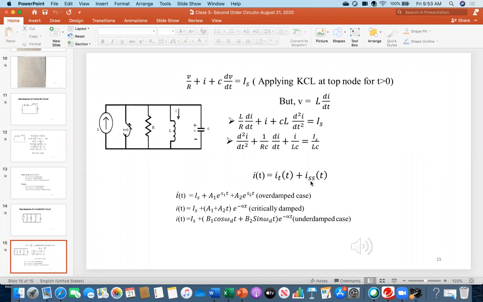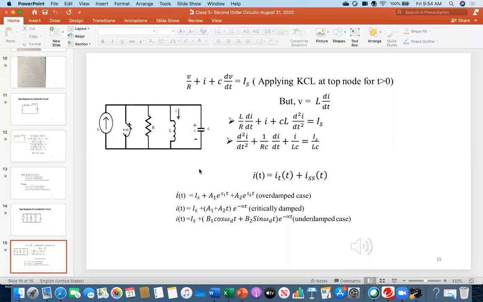But for the steady state, for this circuit, what is the final value of current through the inductor? What should be the value here for a very long time? Yes, exactly, because the inductor will be short circuited after a long time. So in the solution, Iss's value is Is. The final solution will be i(t) equal to Is plus either this one or this one or this one. It depends on the values of alpha and omega.